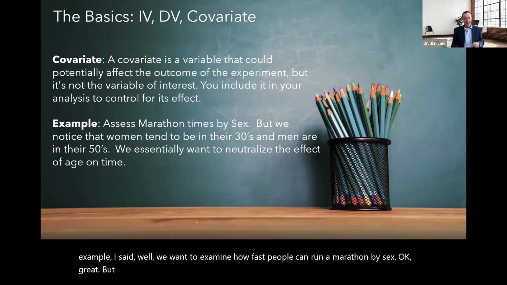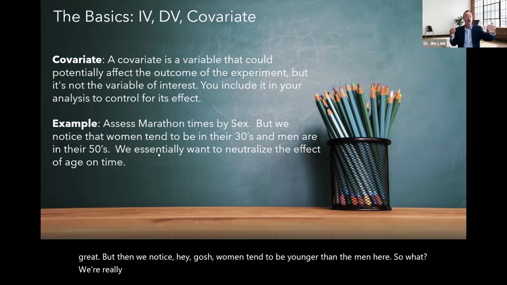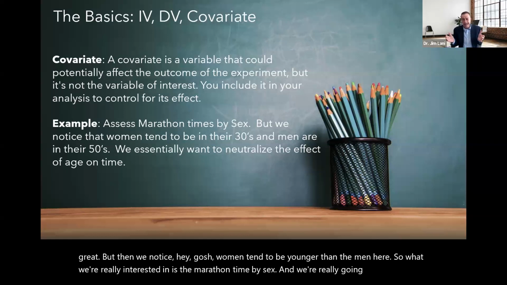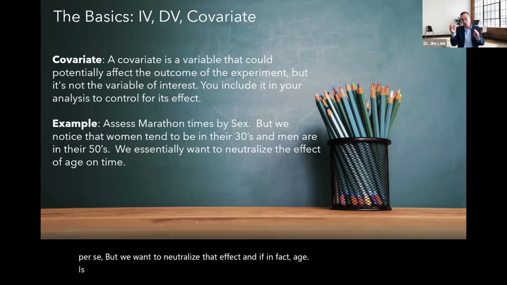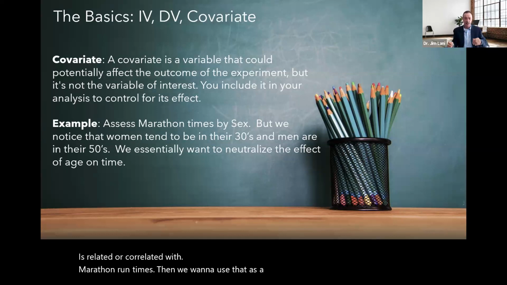But then we notice, hey, gosh, women tend to be younger than the men here. So what we're really interested in is the marathon time by sex. And we're really not interested in age per se, but we want to neutralize that effect. And if in fact age is related or correlated with marathon run times, then we want to use that as a covariate to see that relationship. To neutralize the impact of that.